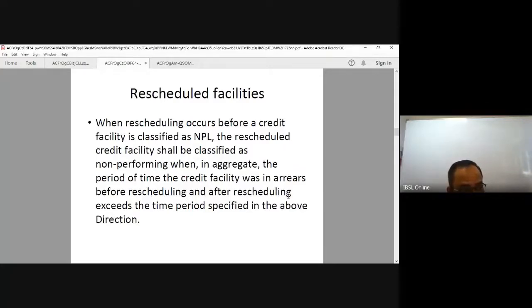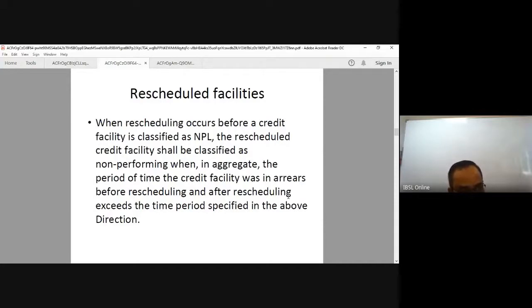Now, let us say after giving that second loan and settling the earlier one, from the due date of an installment, you don't wait for 90 days to classify that. Because earlier, before you restructured, for 60 days the customer did not pay. Now, for the new loan, from the date an installment becomes due, if within 30 days the customer doesn't settle, you are to classify that.